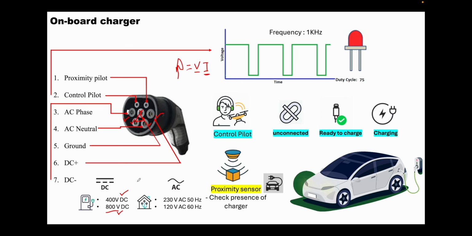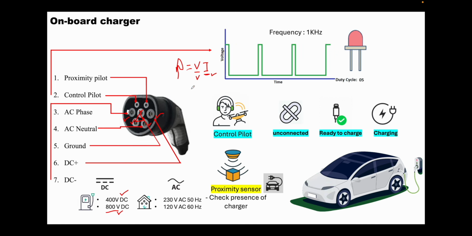Because of this, you will get less current for the same power transfer, so higher voltage charging stations usually have more efficiency.